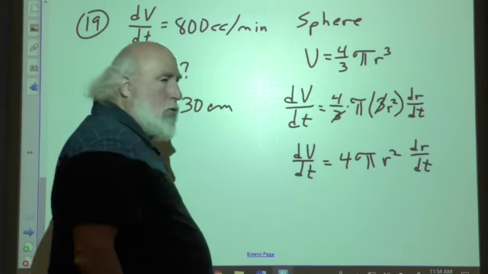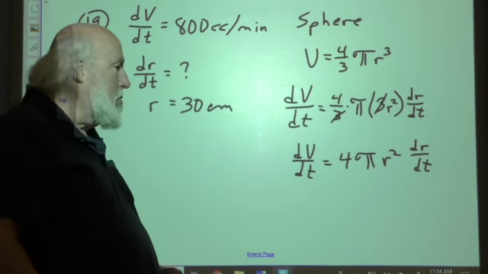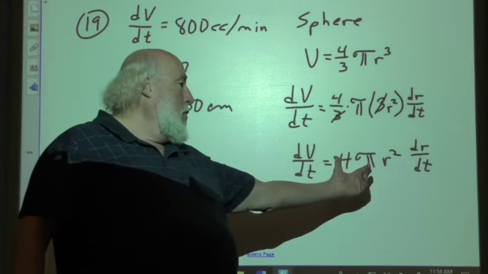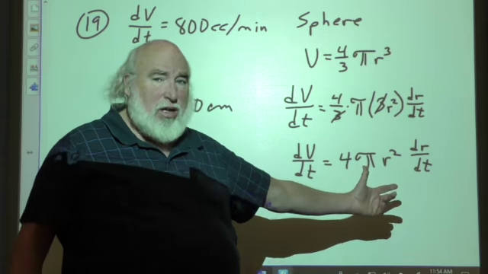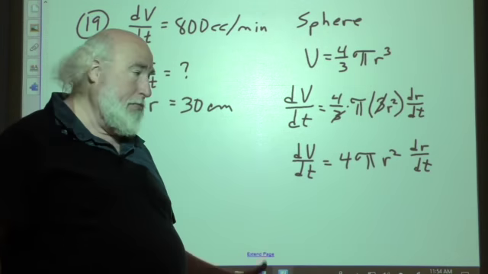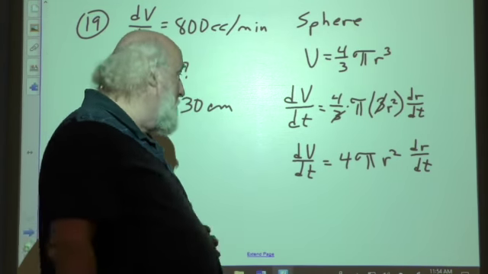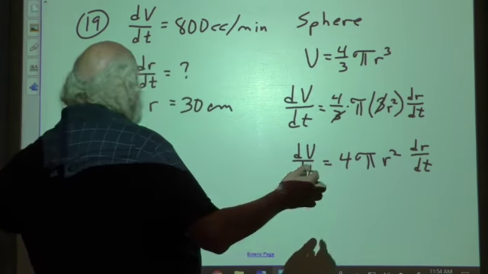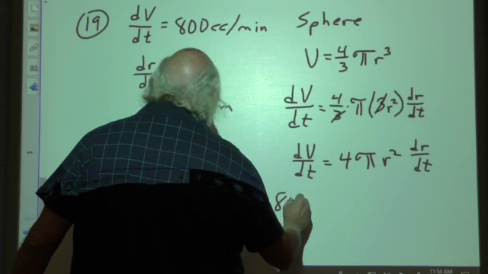Now, those of you who may be familiar with a little bit of geometry understand that when we differentiate like that, we just got ourselves the surface area of the balloon, or surface area of the sphere. Okay, now we plug in stuff to see what happens. This is 800.